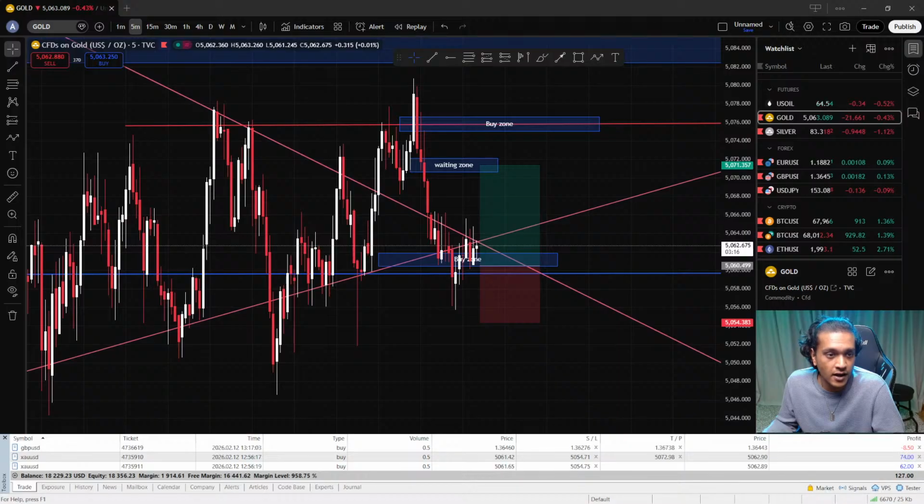So gold is running about our GBP USD slowly, taking its time.